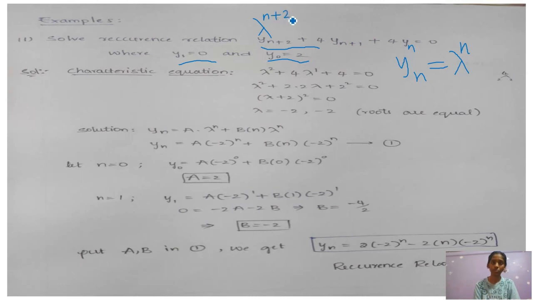Lambda power n plus 2, plus 4 lambda power n plus 1, and then plus 4 lambda power n. So in this we'll be taking lambda power n as common. By taking lambda power n common, we'll be having the expression lambda square plus 4 lambda plus 4 is equal to 0.